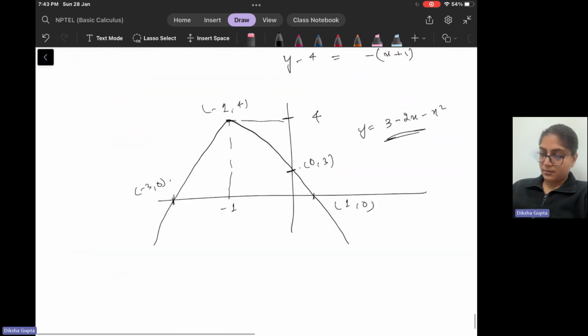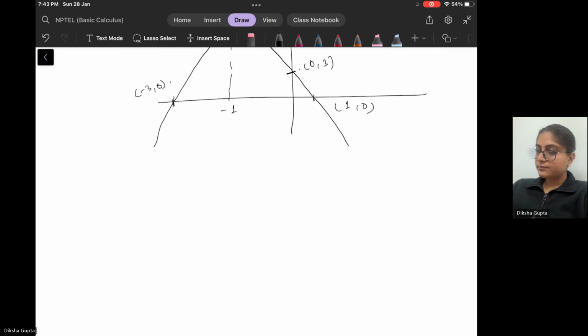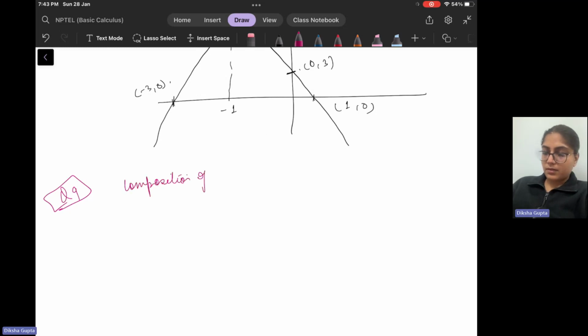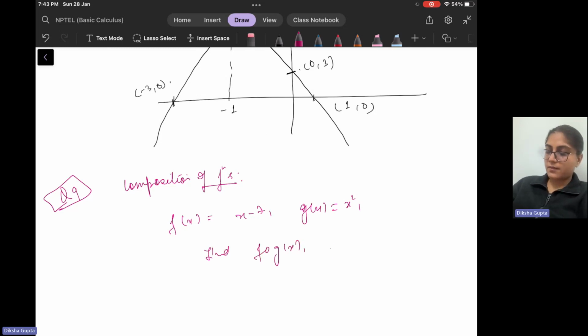Now the last question of today, question number 9, is on composition of functions. So f(x) equals x minus 7, g(x) equals x square, and find what is f of g of x and what is g of f of x.